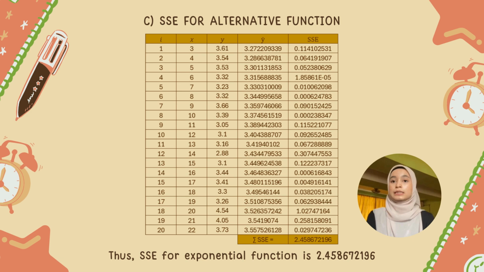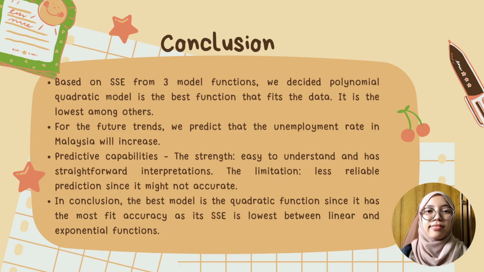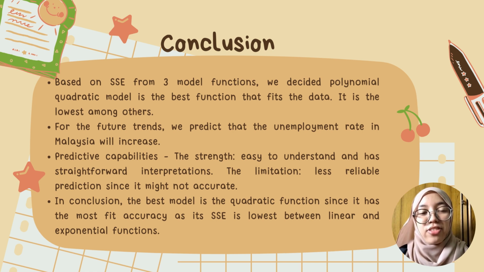So the sum square error, which is SSE, for the exponential function is equal to 2.4586729196.